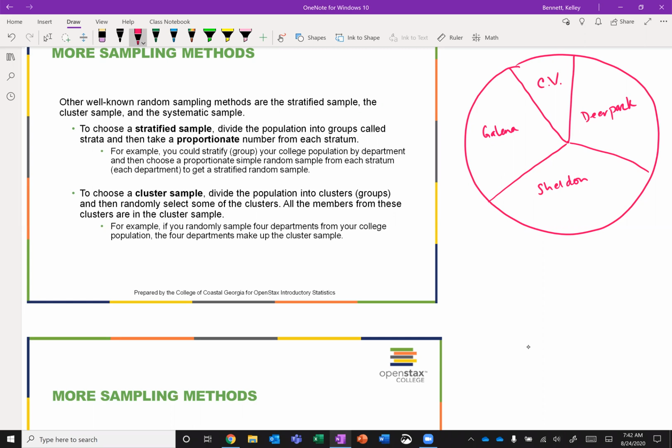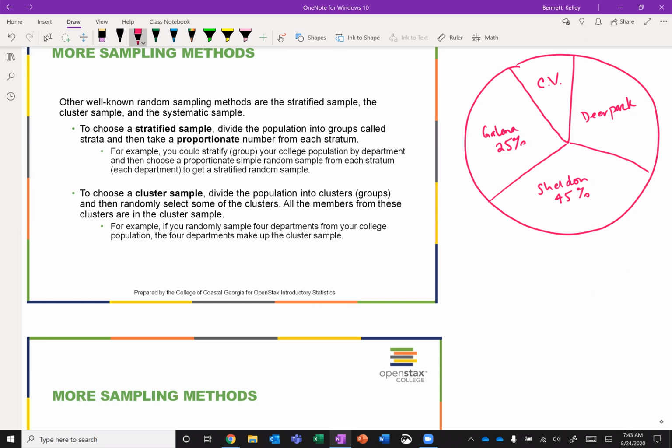Let's say Sheldon had 45%, Galena 25%, so now we're at 70%.